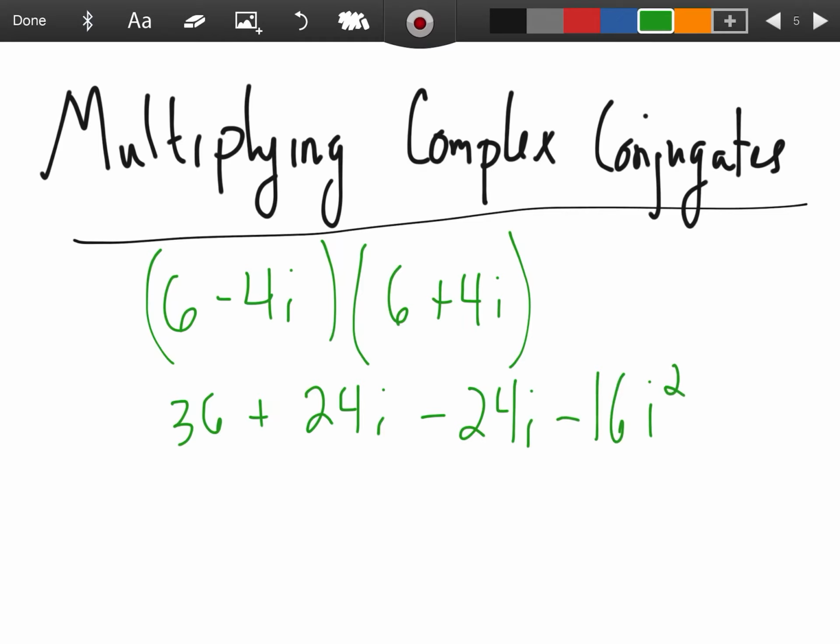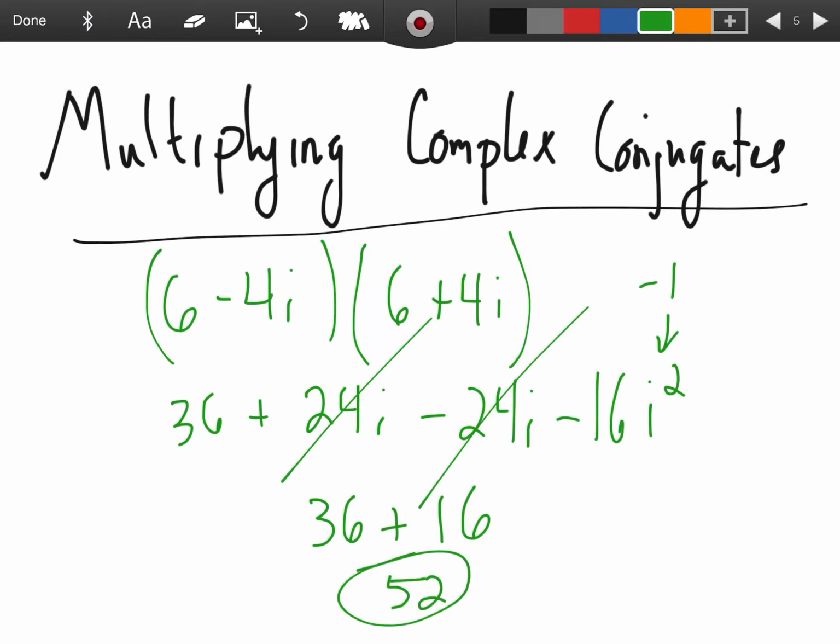Well, 24i and negative 24i will cancel out when we combine like terms. And then we know, negative 16i squared. I know i squared is just negative 1, so that's negative 16 times negative 1, which is the same thing as positive 16. So I get 36 plus 16, which is 52.